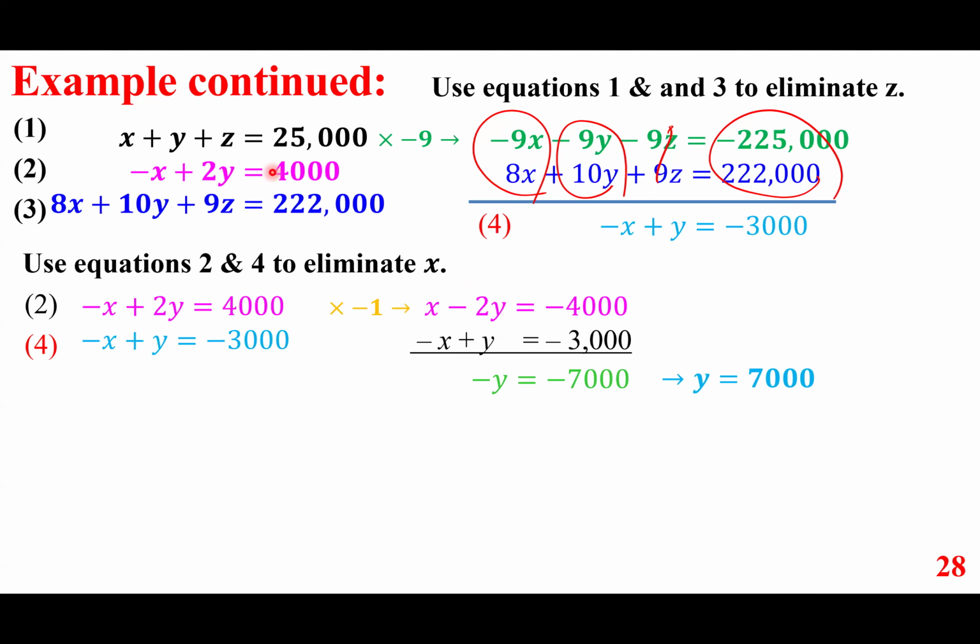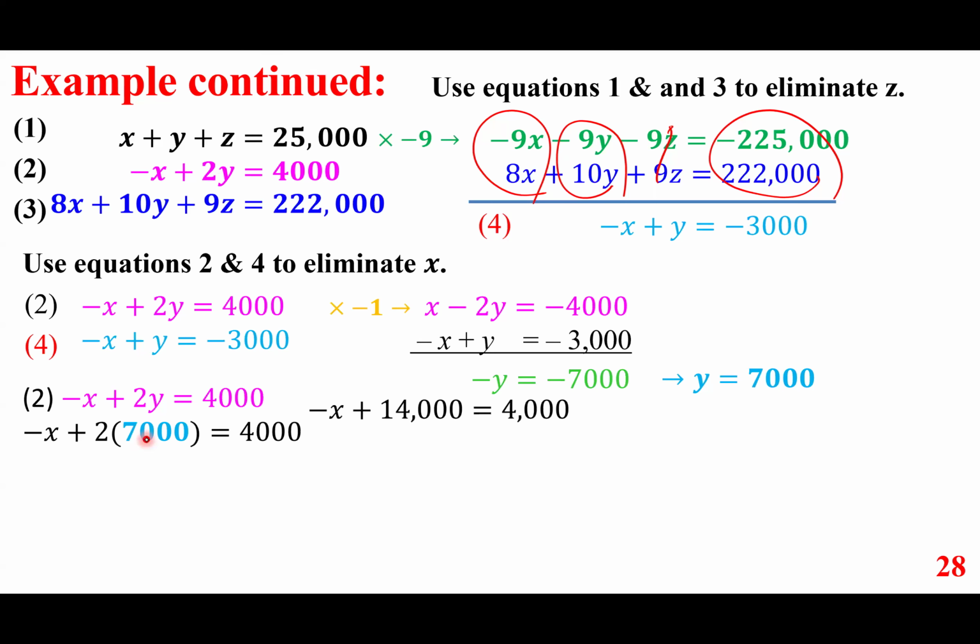Equation number 2, minus x plus 2y equals 4,000, can be used to find the x. This is, of course, 14,000. Move it, make it negative, from 4 becomes negative 10,000. Therefore, X is positive 10,000.